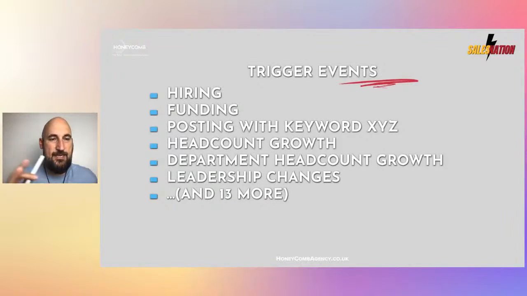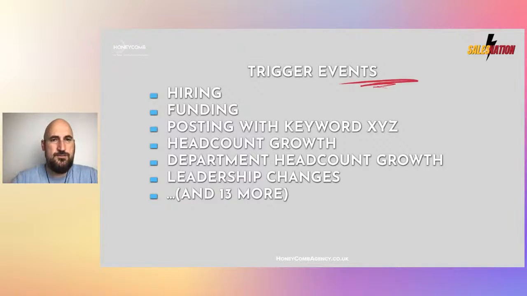They just had a funding round or a seed round. They raised X amount of money for their further growth. They posted something with keyword XYZ. They had a headcount growth of X%. They had a department headcount growth. In our case, the sales department headcount growth is a very interesting trigger for us. They had leadership changes and so on.